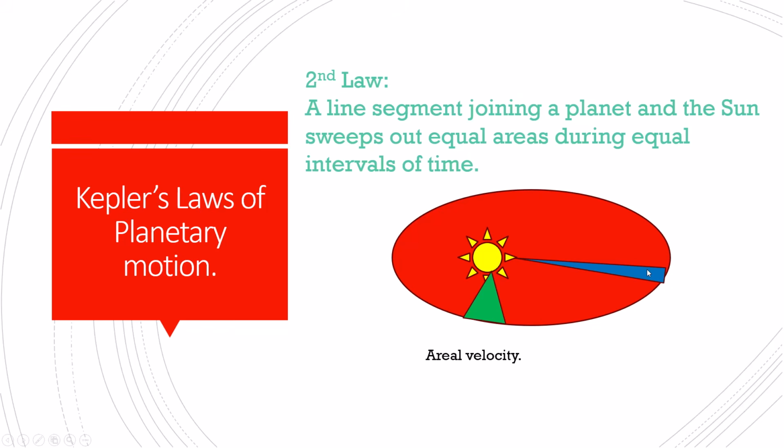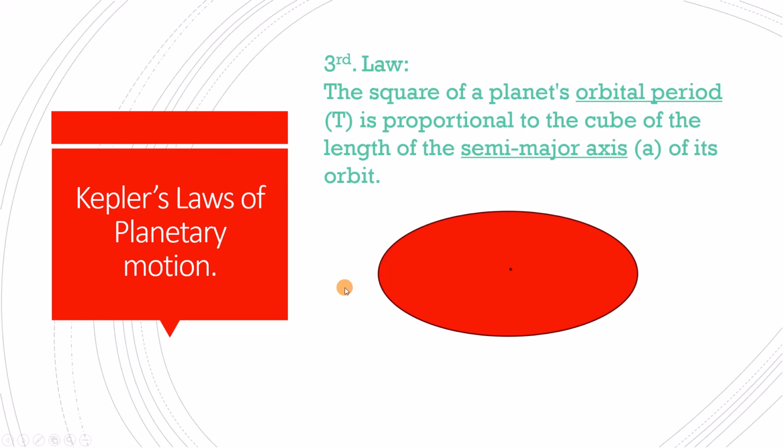Kepler's second law tells us that these two areas are equal, and that means the areal velocity, the area covered by the planet in a fixed interval of time, is constant. So we write dA/dt equals constant, that is, the line segment joining planet and sun sweeps out equal areas during equal intervals of time.